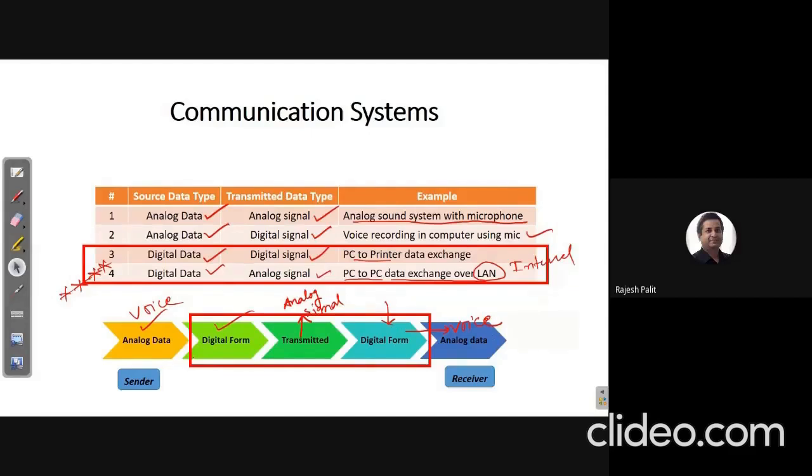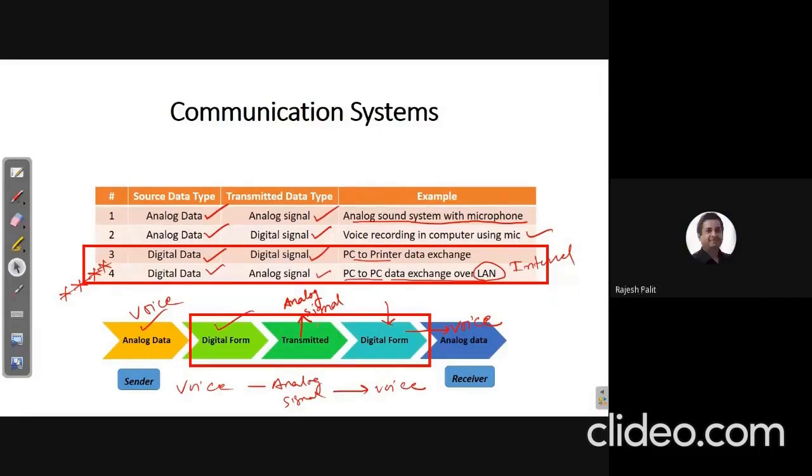So why don't we simply send the voice using analog signal, and then voice? Why don't we do that? Perhaps the transmitter doesn't understand analog directly, it transmits digital in analog. Okay.